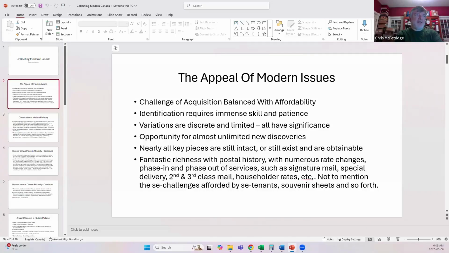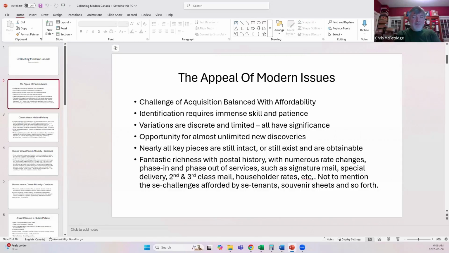The other thing is that in terms of multiples, almost all the key multiples are still intact and you can acquire them. One of the disadvantages with classic philately is there are many areas that you cannot completely study because the multiples required to settle certain questions from a philatelic perspective just don't exist anymore.